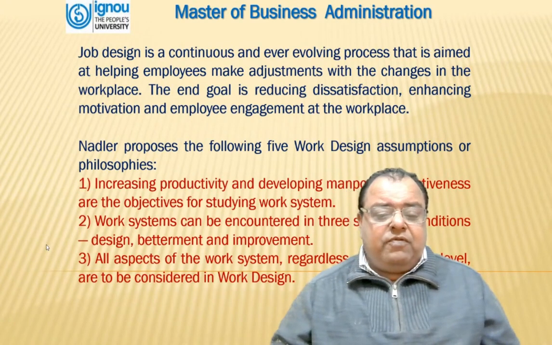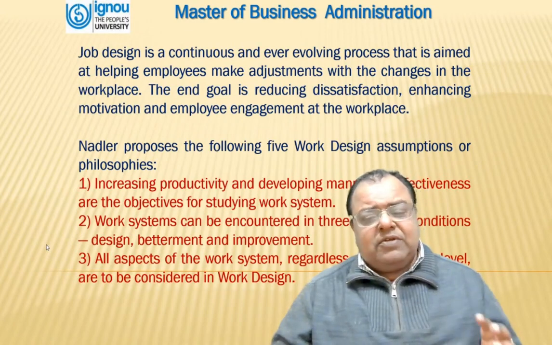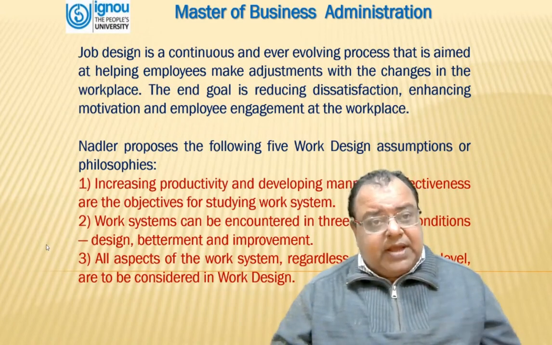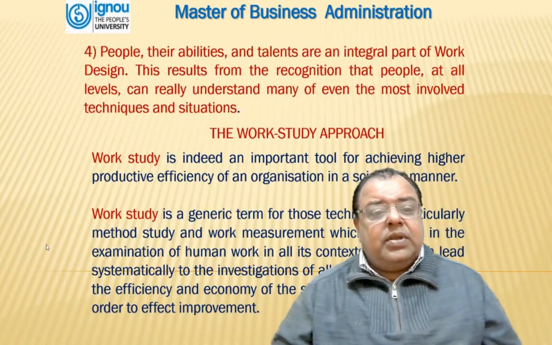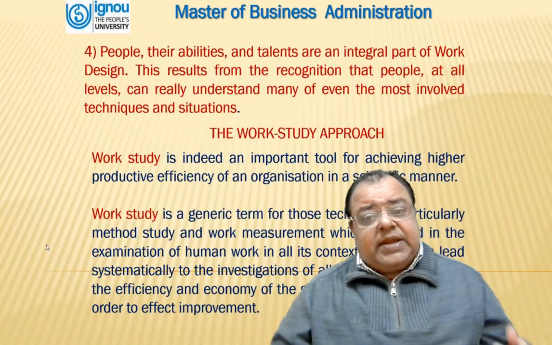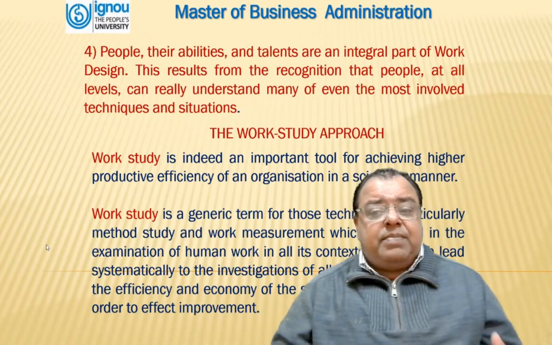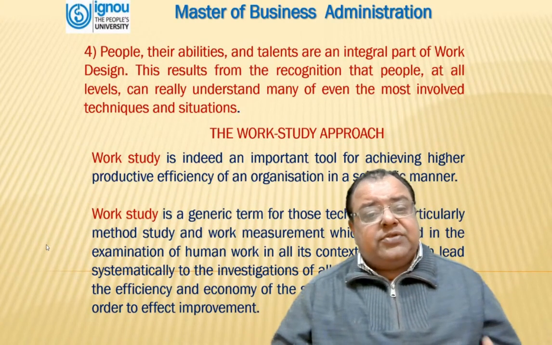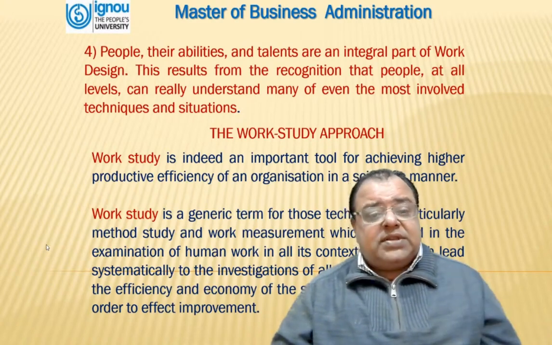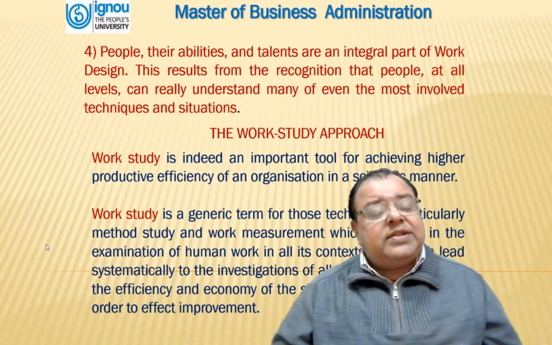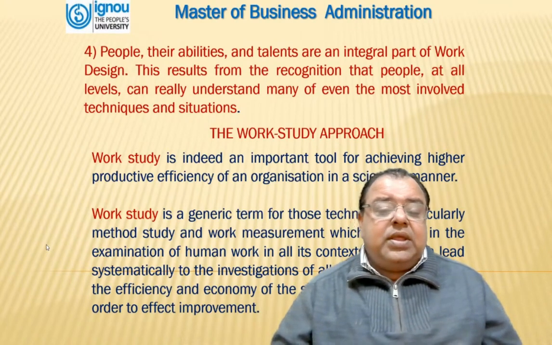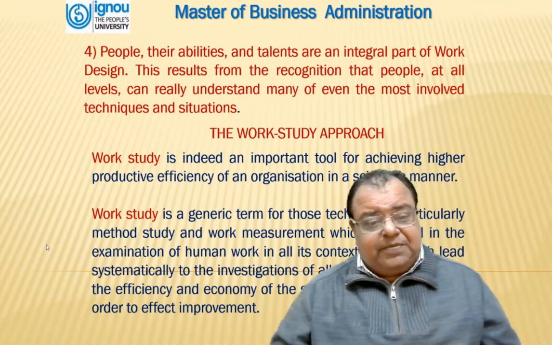All aspects of work system, regardless of the system level, are to be considered in work design. People, their abilities and talents are an integral part of work design. This results from the recognition that people at all levels can really understand many of even the most involved techniques and situations.